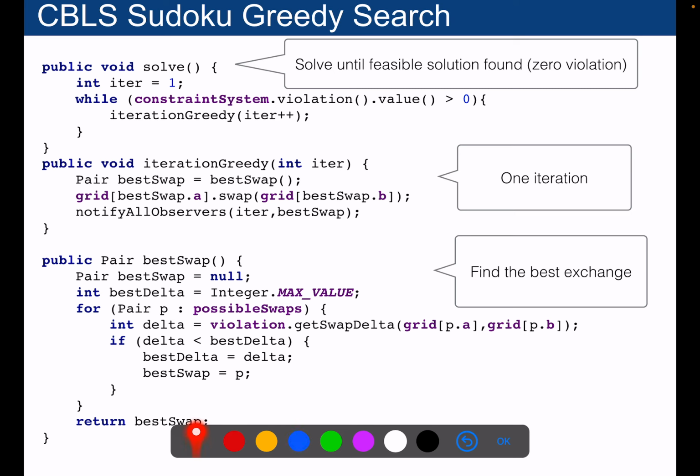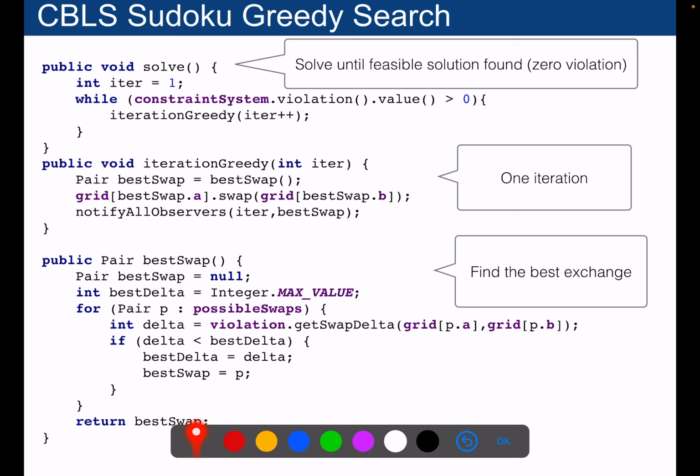So the first search that we will study is a pure greedy search. The pure greedy search will really try to improve the current solution greedily by always considering the best swap at the current iteration, and we will consider all the possible swaps that are available.